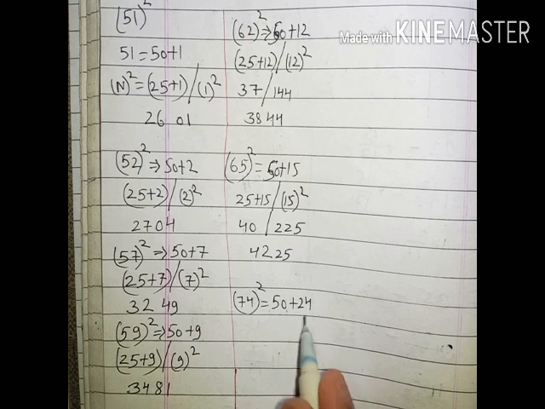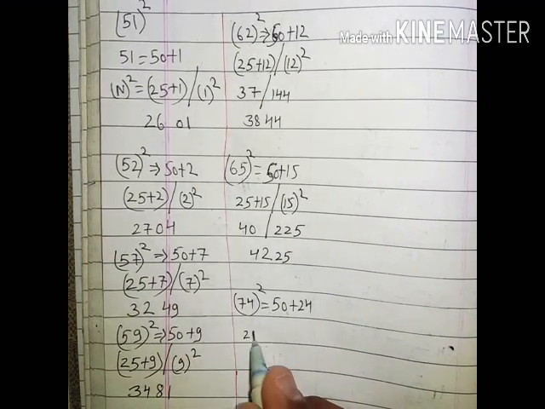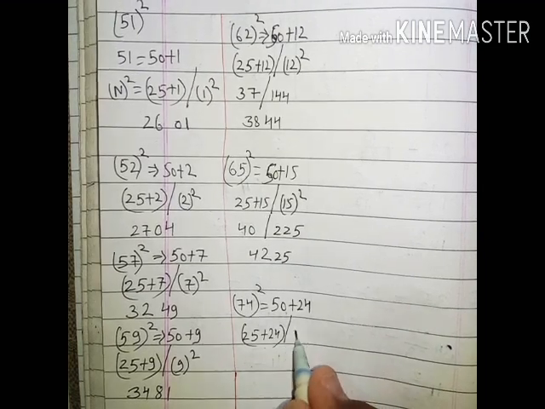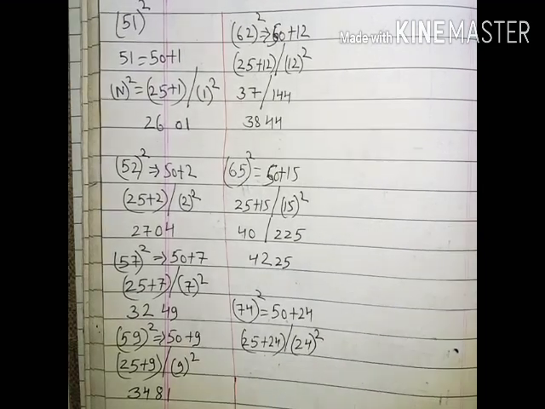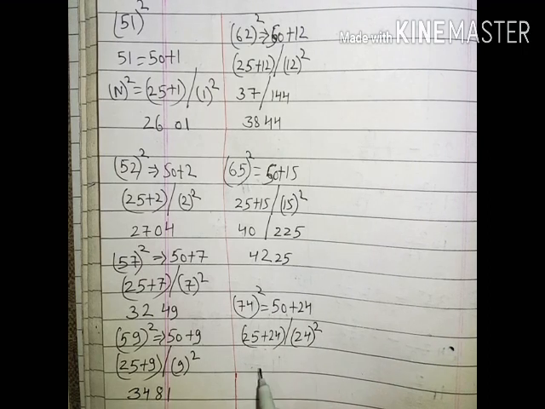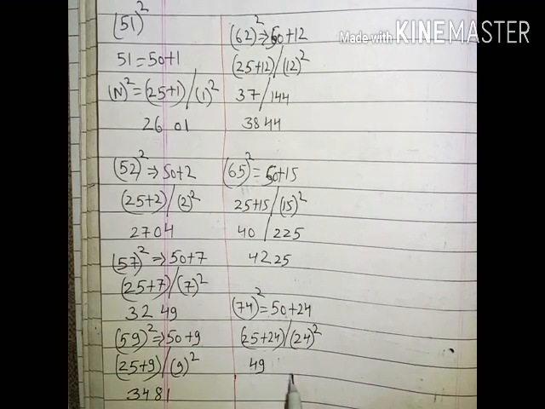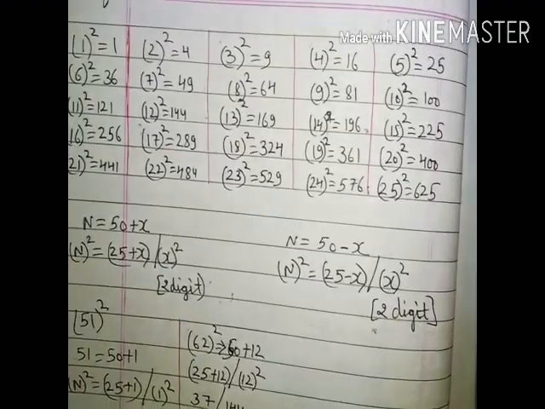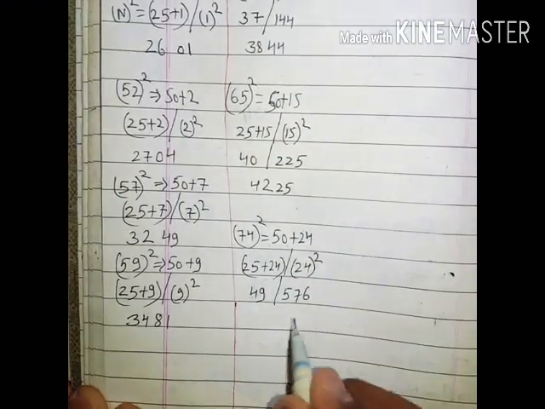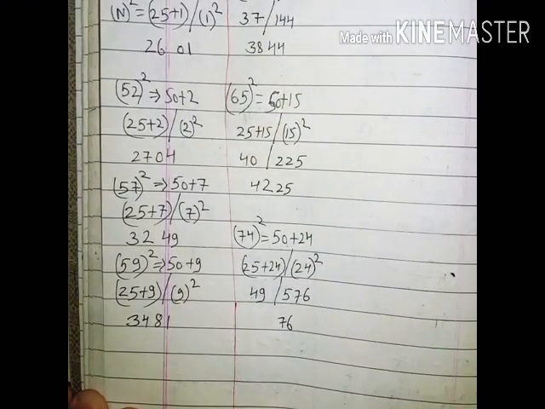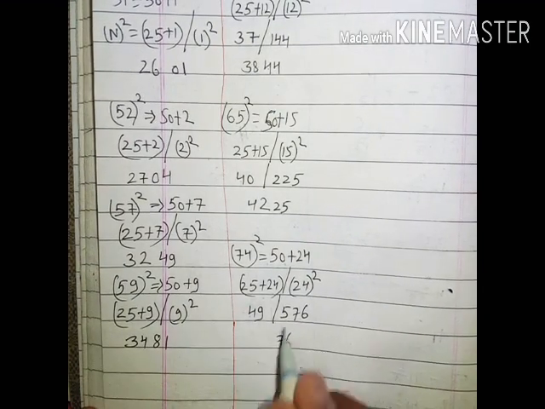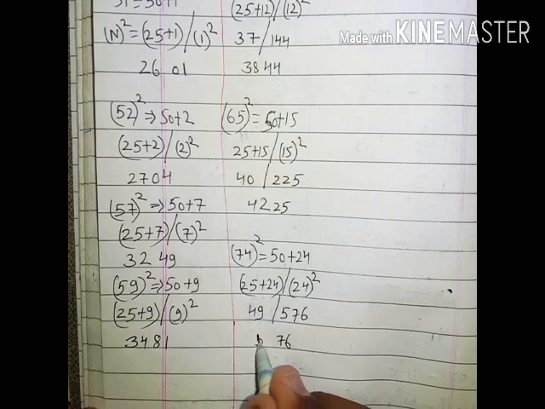The number is 24 more than 50, so 25 plus 24, and on the other side the square of 24. 25 plus 24 becomes 49, and the square of 24 is 576. We have to write only two digits, so it will become 76, and the 5 will be carried to the left side. 49 plus 5 becomes 54.